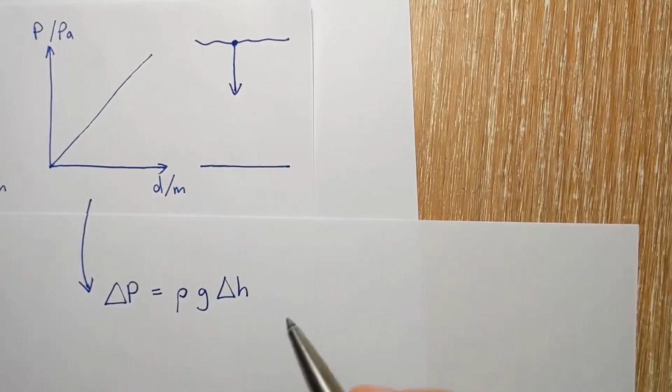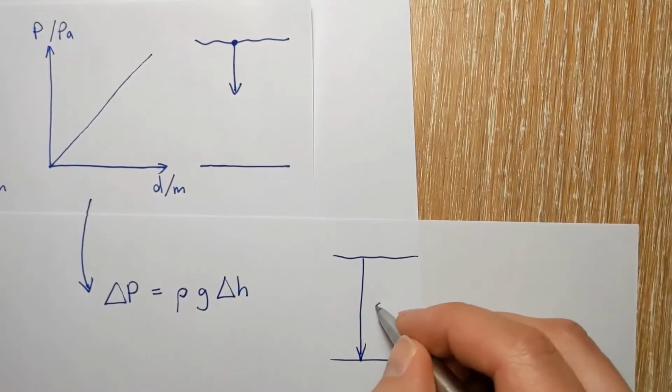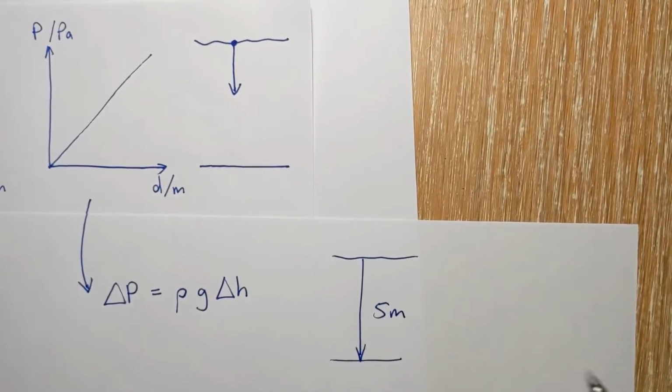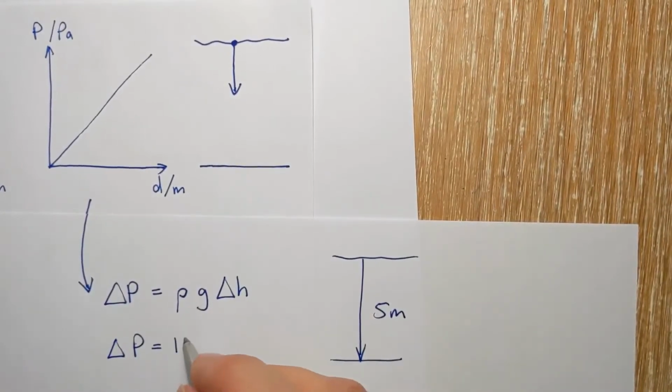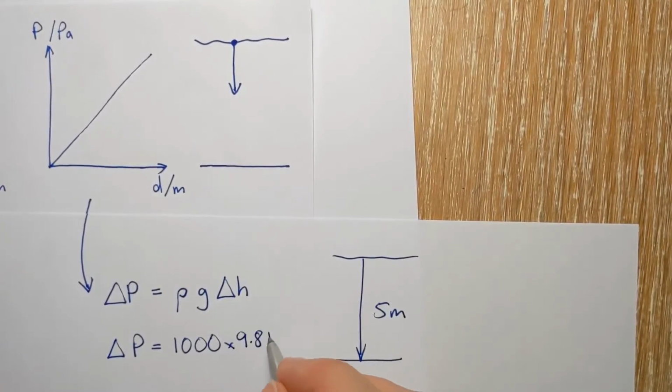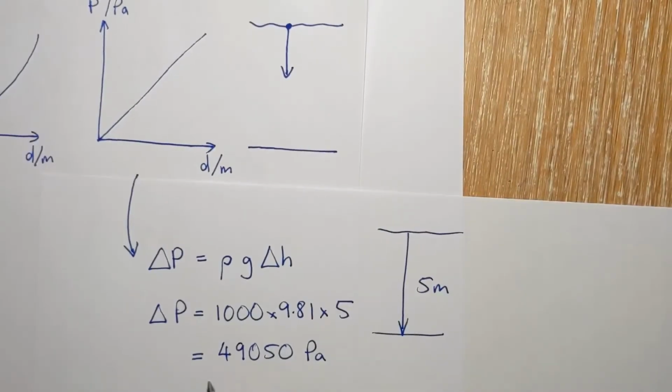So if I go down, say, 5 meters downwards in water, then the change in pressure on me will be the density of water times Earth's gravity times the change in height there. As an unrounded answer there, I'm not worrying about significant figures.